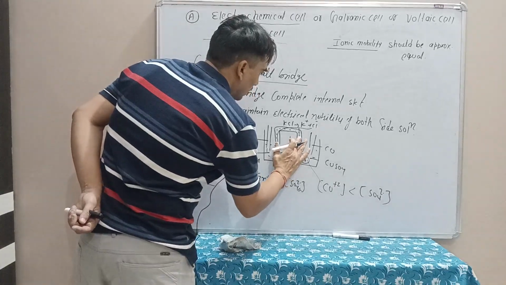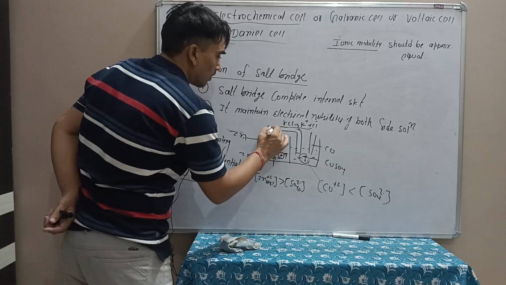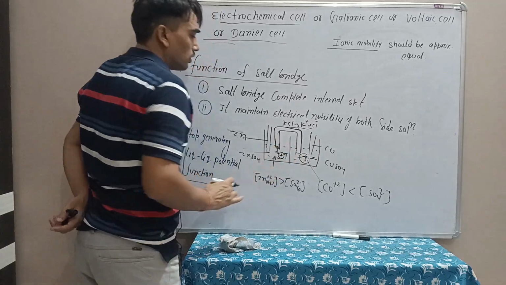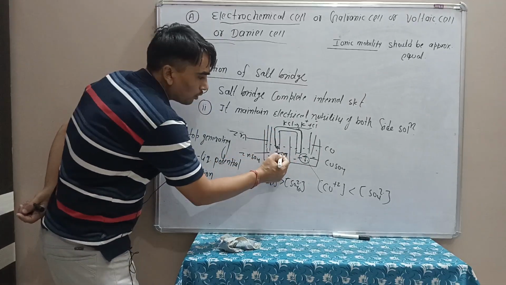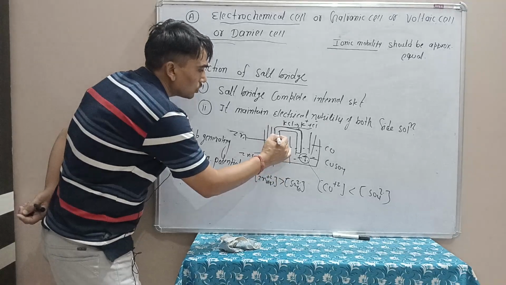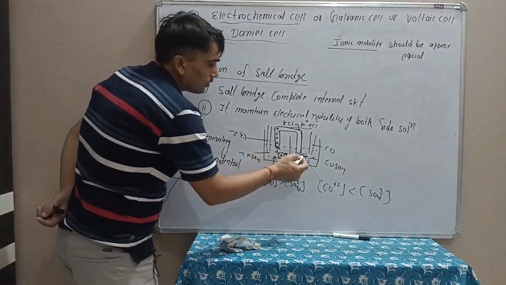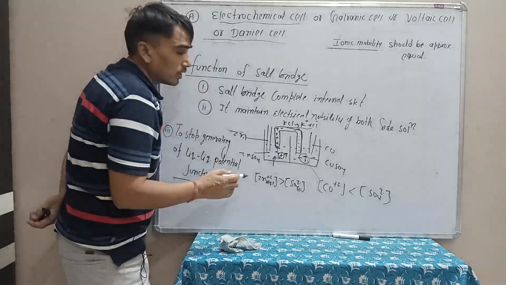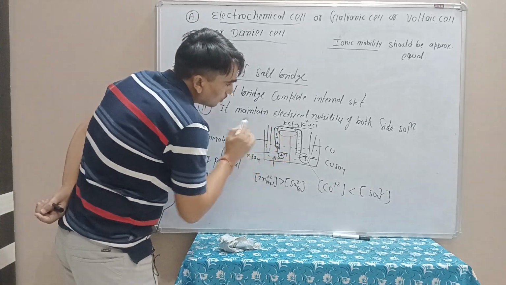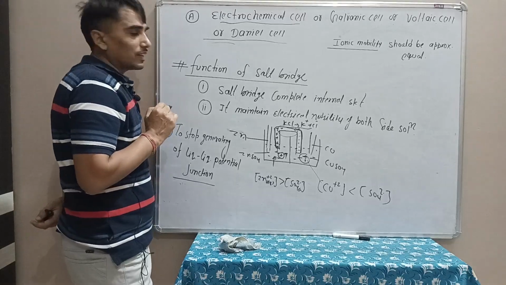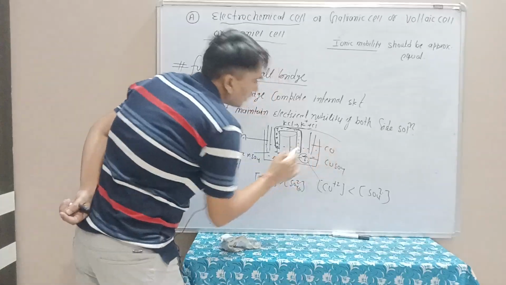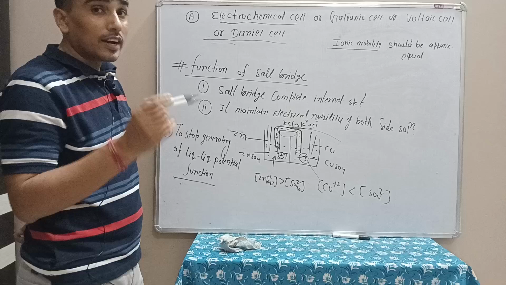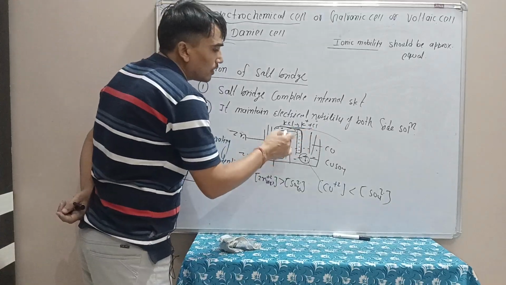For example, there is no electrolyte in this salt bridge. If there is no electrolyte, then positive charge increases here and moves from here, and negative charge increases here and moves towards it. At this point, two opposite charge carrying points are generated. Due to this, at this point there will be generation of potential, which is known as liquid junction potential, and it can be stopped by filling inert electrolyte in this tube.